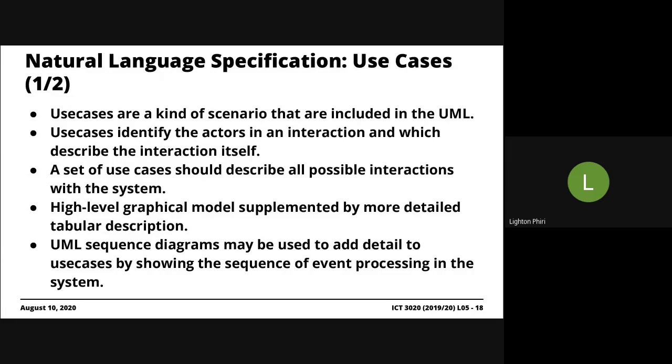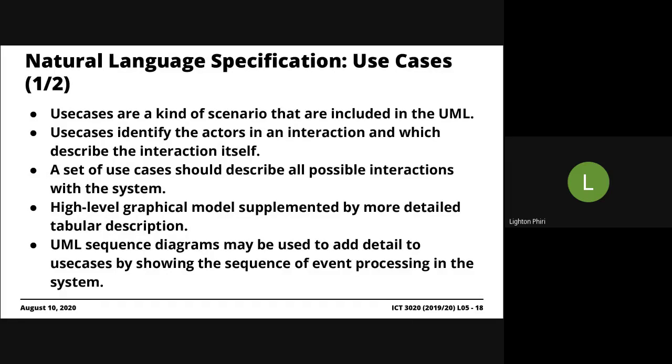And what a use case really does is identify the key actors associated with the system that you're implementing, so the entities that are going to be interacting with the system. The actors would be the actual end users, but also third-party systems that might require interaction with your system.